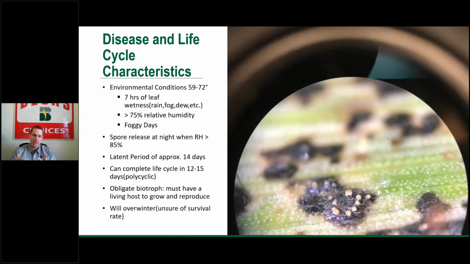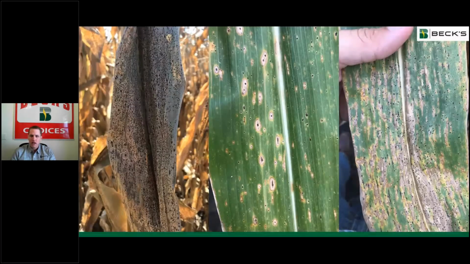So we complete that disease triangle almost every year for this. So what I'm telling folks is that if you've had tar spot in your field, or your neighbors have had tar spot in their field, more than likely you're going to see it again if the environmental conditions are conducive for it.